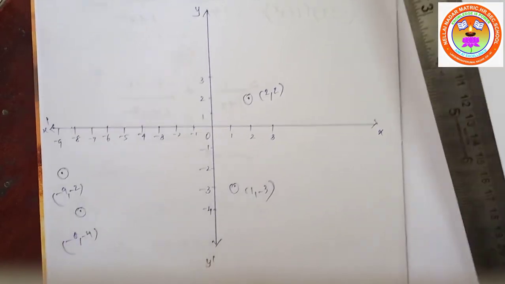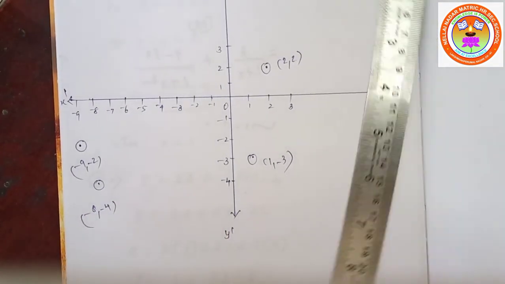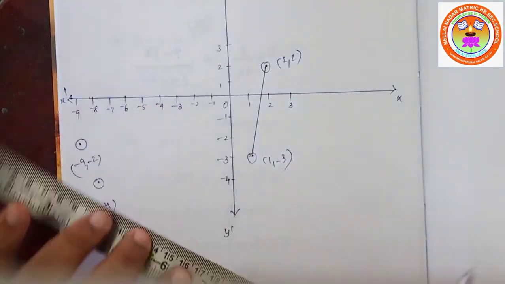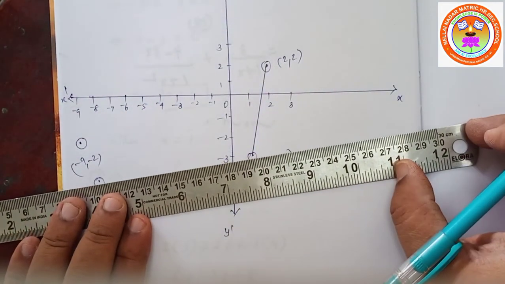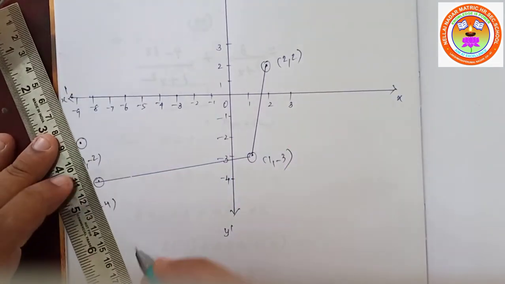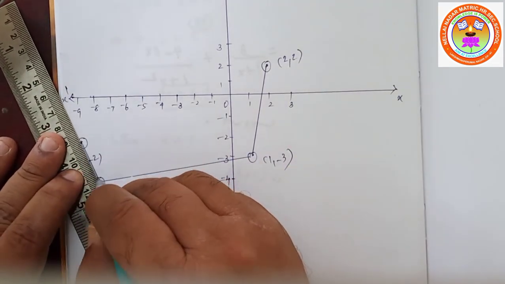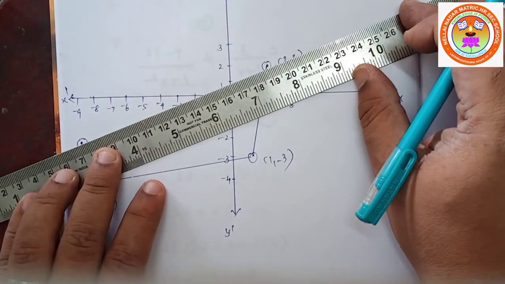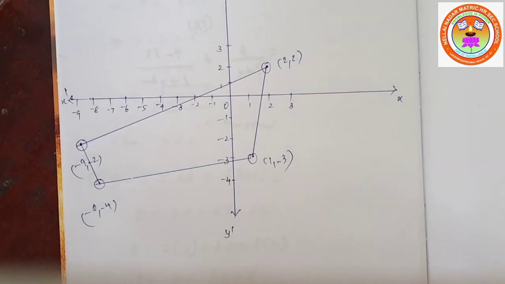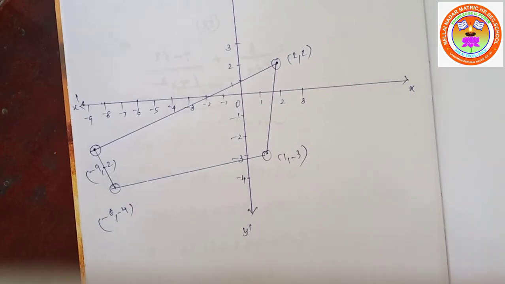Now all the 4 points are to be joined by using a scale. I have joined all the 4 points.